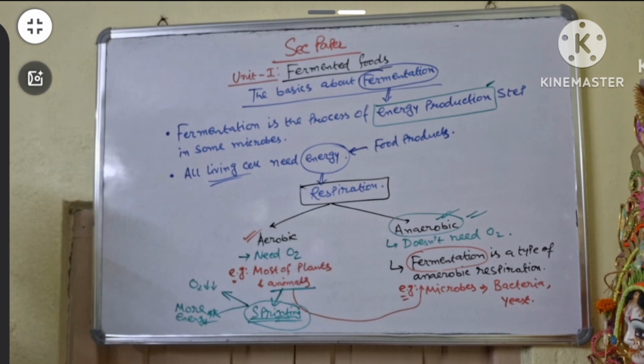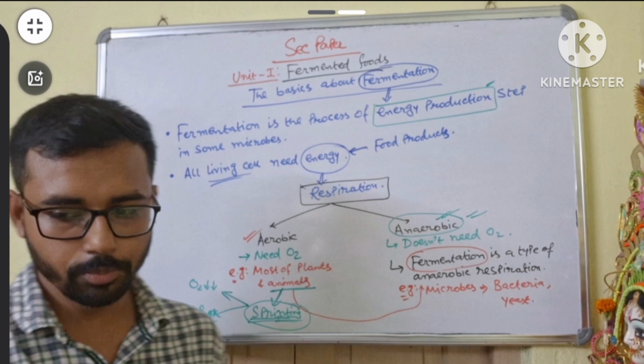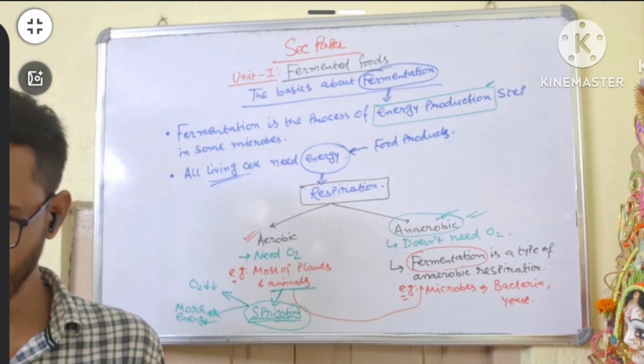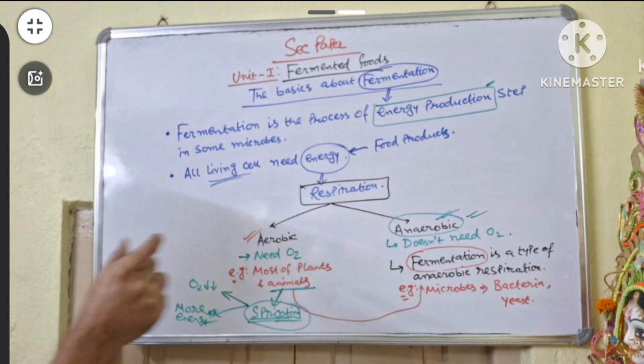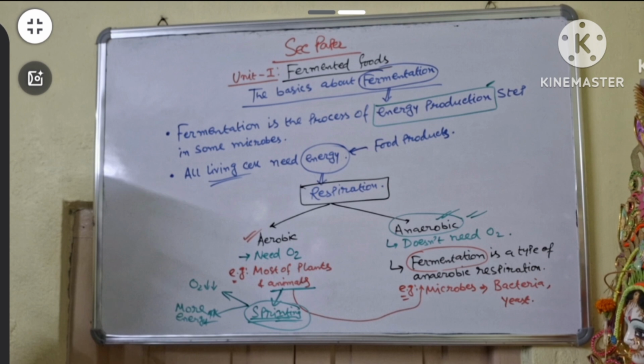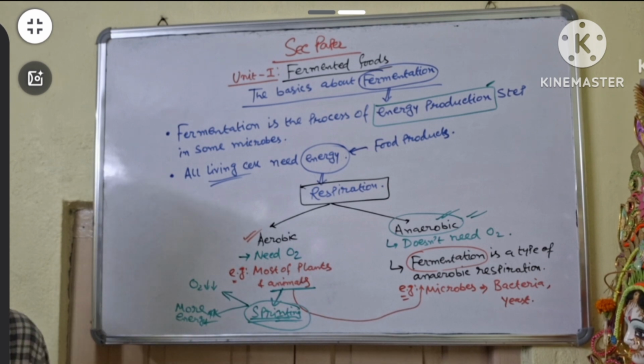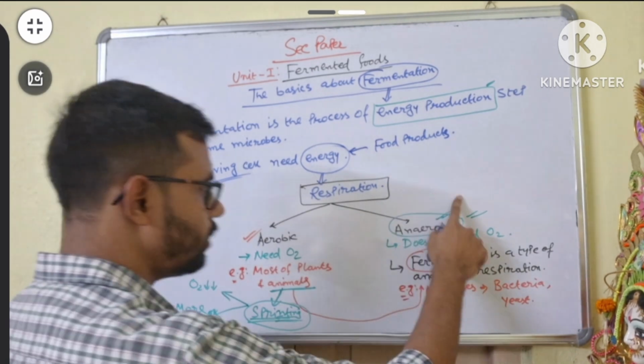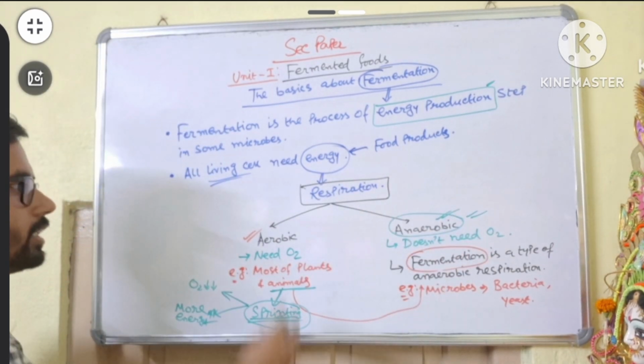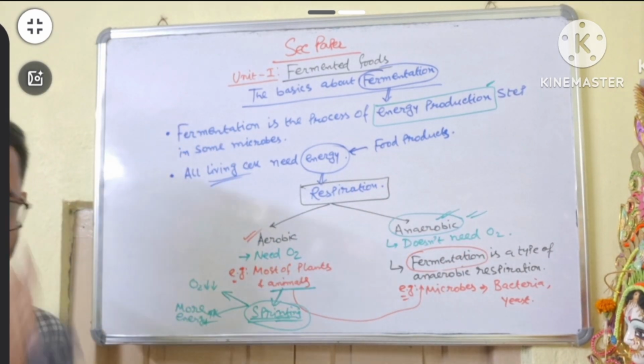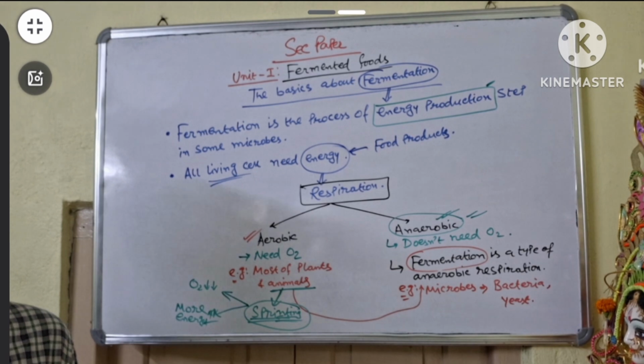So whatever the respiration, aerobic or anaerobic, the common state before entering into aerobic or anaerobic is glycolysis. Did you hear the term glycolysis? Aerobic, anaerobic, whatever it is, glycolysis is the first step before it enters.